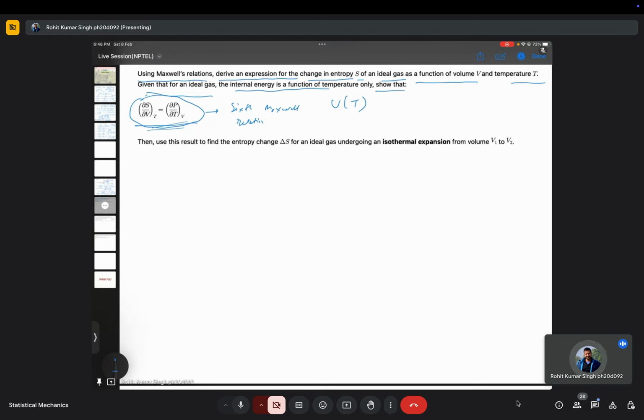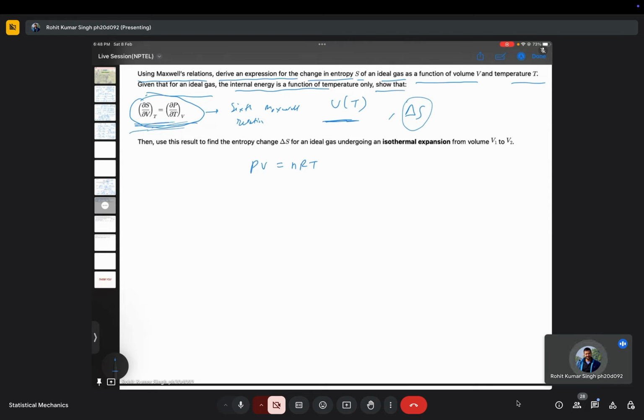So using this, we have to find the expression for the change in entropy, delta S. And what is given is it is an ideal gas, so internal energy is a function of temperature only. And for an ideal gas, we have this equation of state, right? PV is equal to nRT.